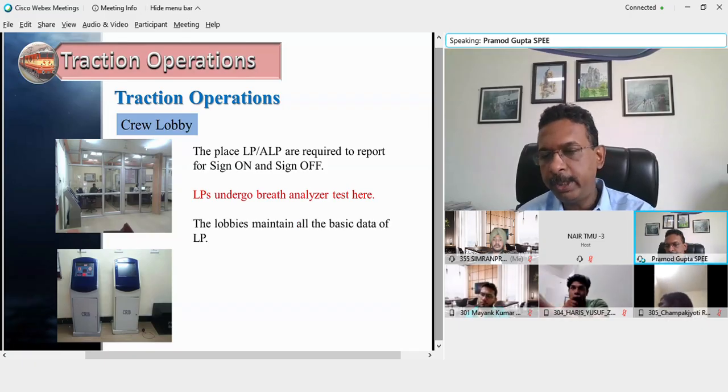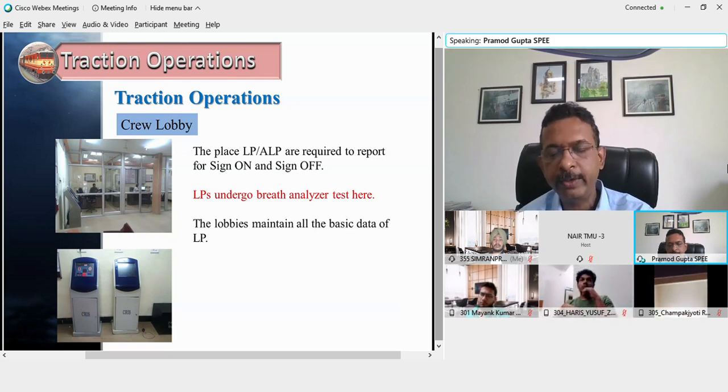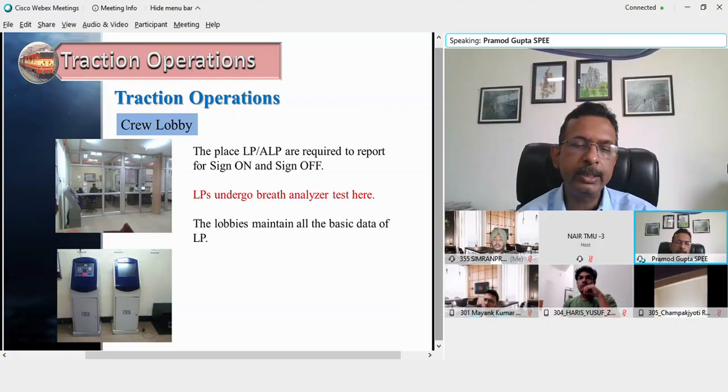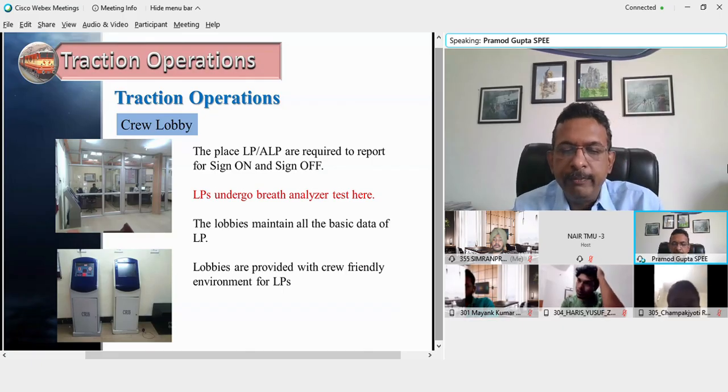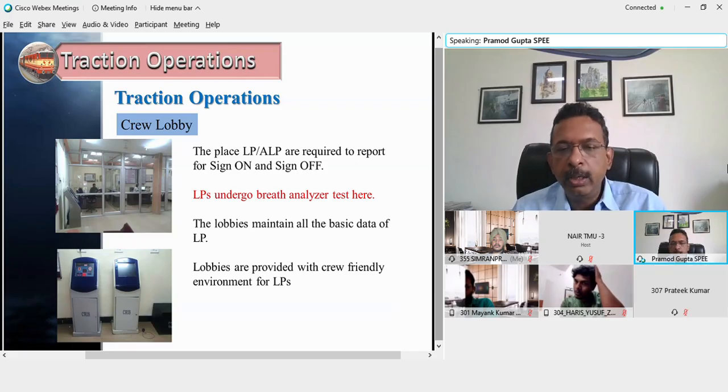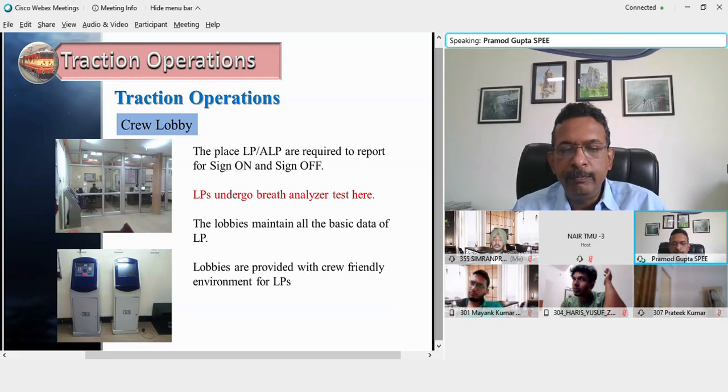The lobbies are a place where all basic data of loco pilots, basically crew, is maintained. Wherever I have written LP, it means crew. And they are now provided with a crew-friendly environment. Earlier, they were not like the way we see them today. They are now air-conditioned with very good furniture, computers are available and everything is connected. Net connectivity is also there.